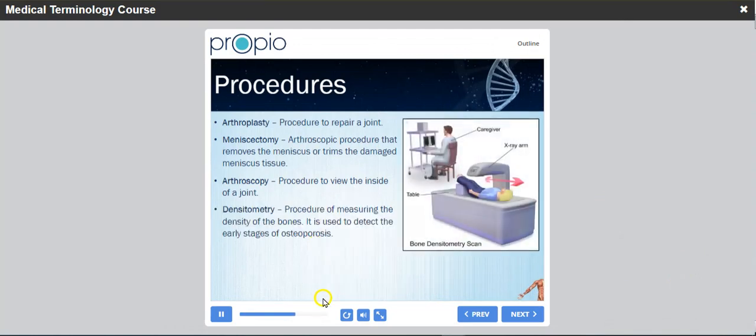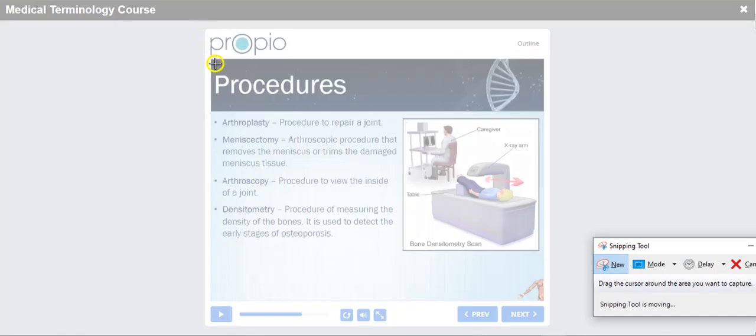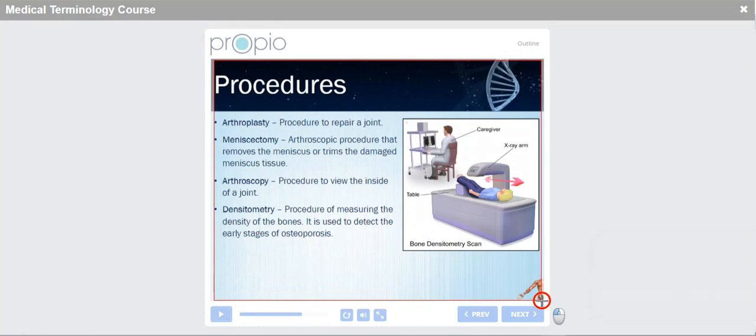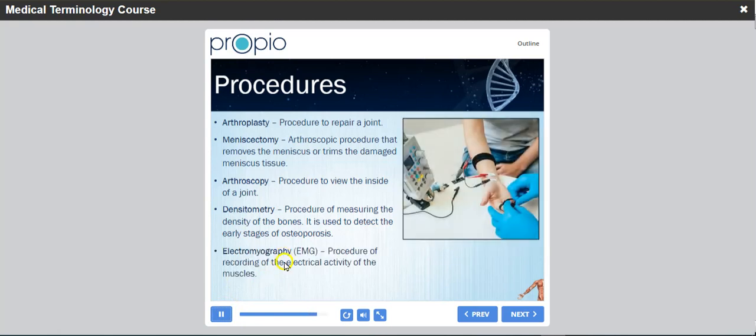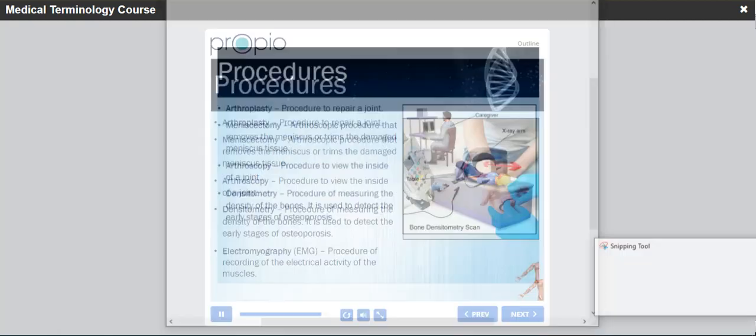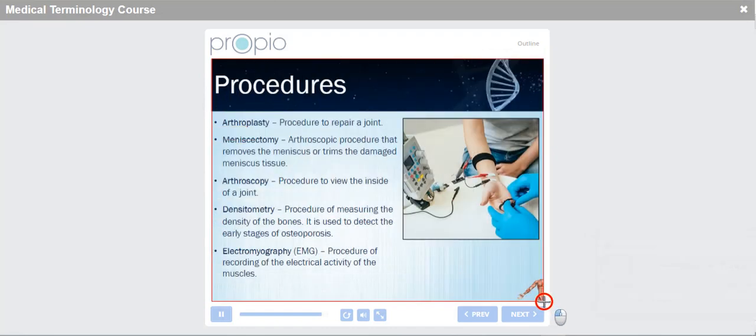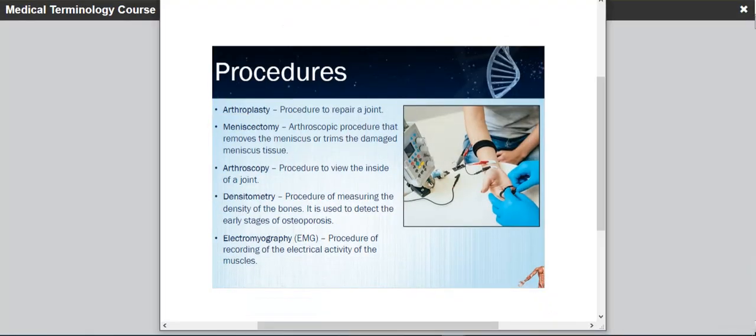Densitometry is a procedure of measuring the density of the bones. It is used to detect the early stages of osteoporosis. Electromyography, EMG, is a procedure of recording of the electrical activity of the muscles.